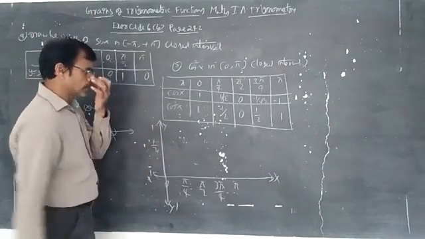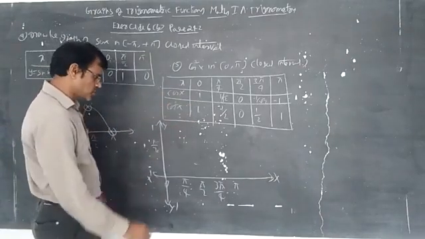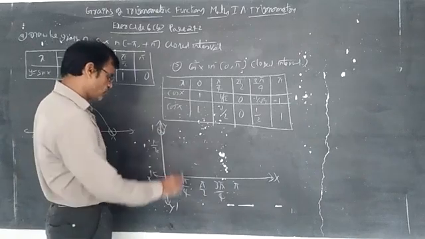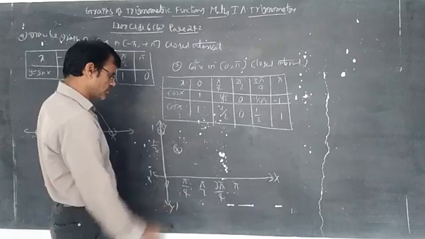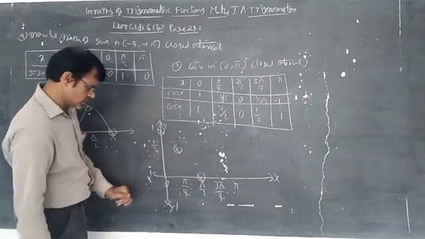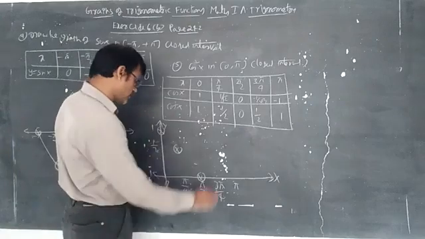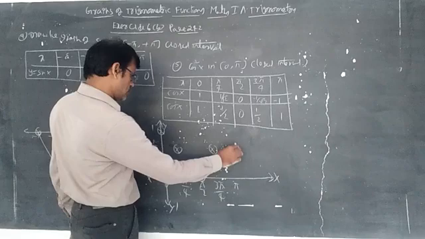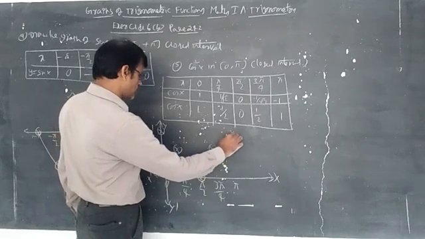For cos square x we are getting 1. Mark pi by 4: cos square pi by 4 we got as 1 by 2, and cos square pi by 2 we got 0. For 3 pi by 4 again we got 1 by 2, and for cos square pi we got 1.